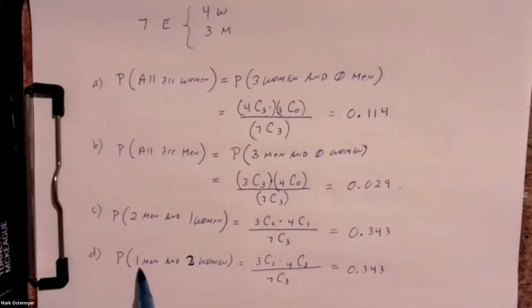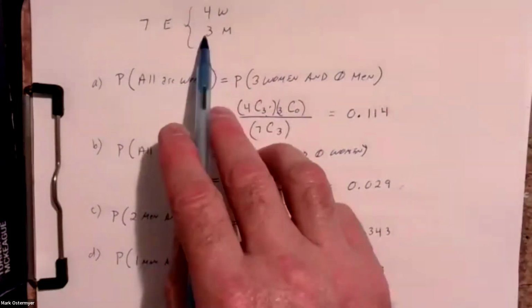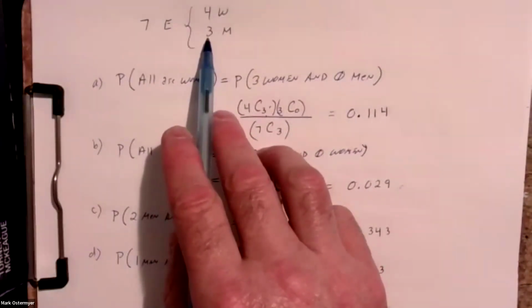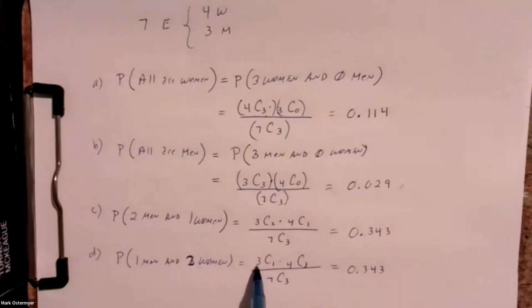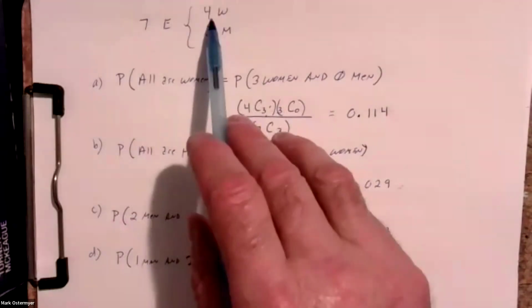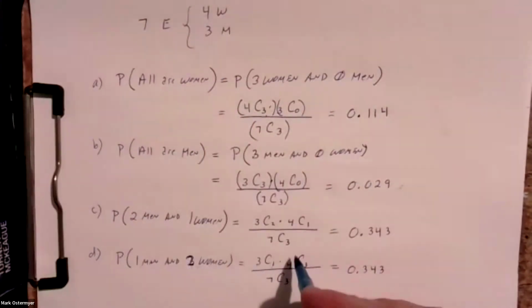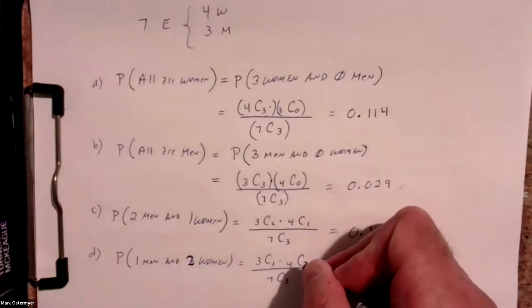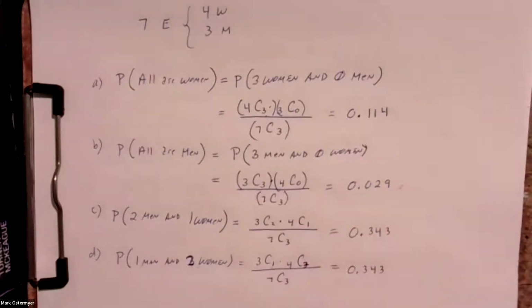Well, how many ways can I select 1 man from 3 men available if order doesn't matter? That's going to be 3 in combination with 1. Times, how many ways can I choose 2 women from 4 women if order doesn't matter? That'll be 4 in combination with 2. Divided by 7 in combination with 3. And that probability is not correct. Hold on.